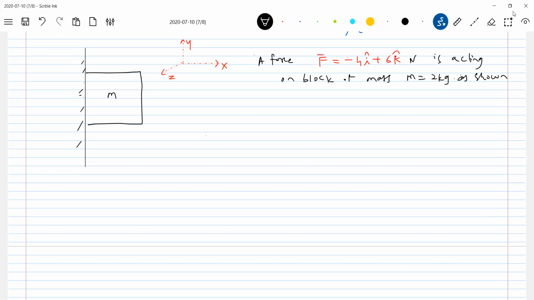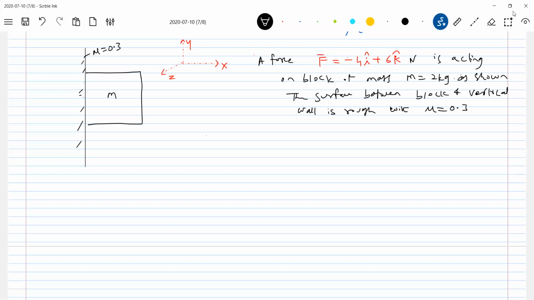as shown. The surface is rough with mu 0.3. The surface between block and vertical wall is rough with mu 0.3.